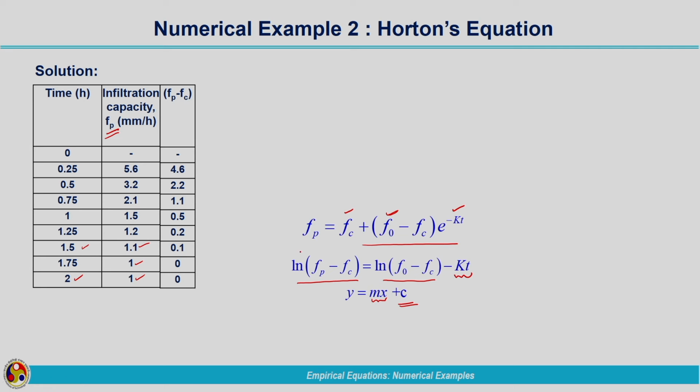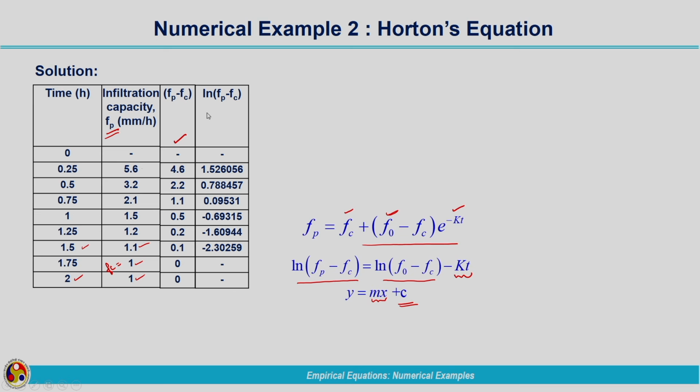So, here Fp minus Fc, we have seen, is our y. Fp minus Fc is calculated, where our constant rate of infiltration Fc is nothing but 1. With these values we are subtracting our steady state infiltration value, and those values are listed here in this table.